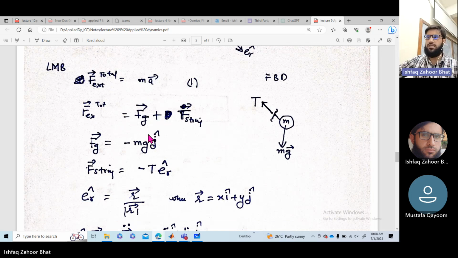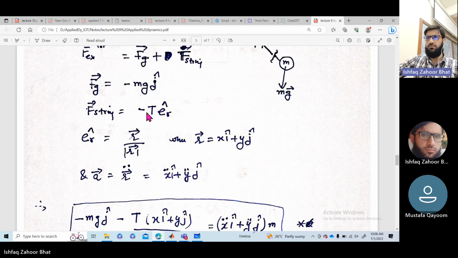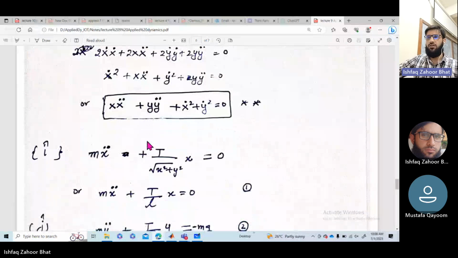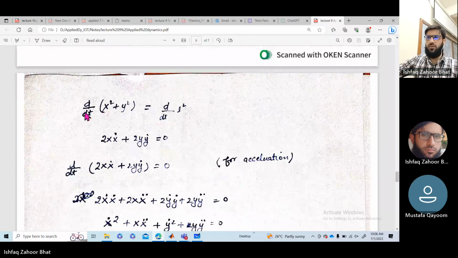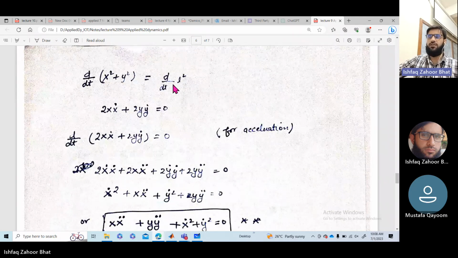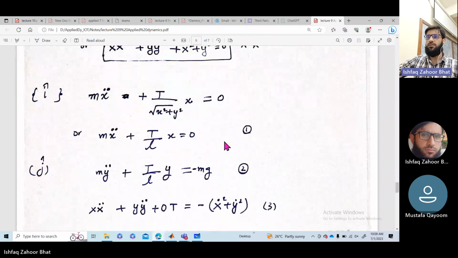This F total was nothing but the tension and the gravitational force. Finally we wrote the constraint equation, which was this. We find its derivative to write the constraint equation in terms of velocity, and then we again differentiate it to get the constraint equation in the form of acceleration. So these three equations we got.